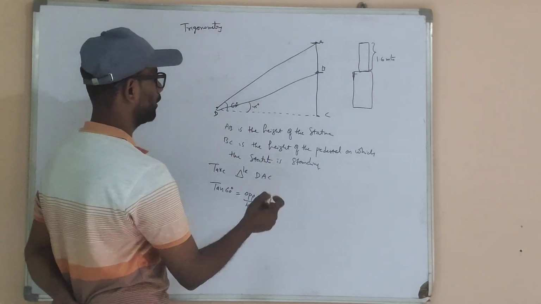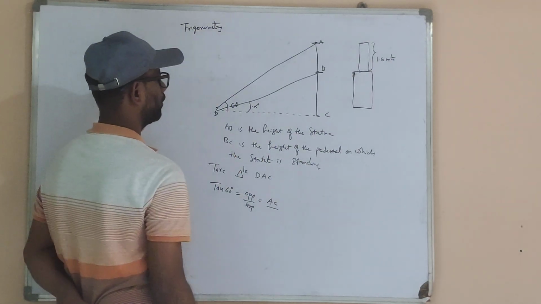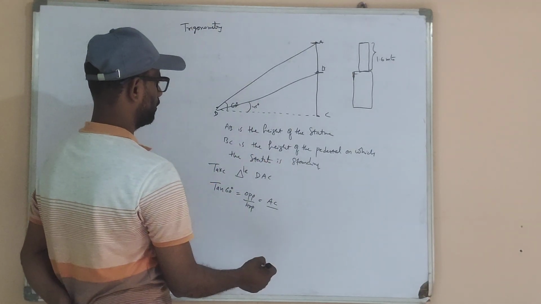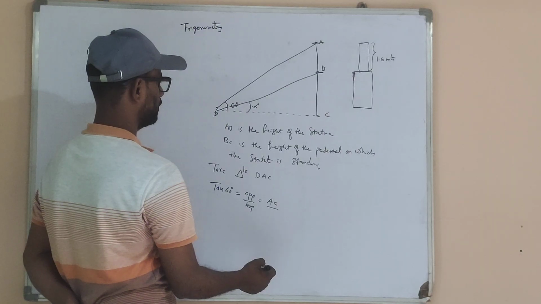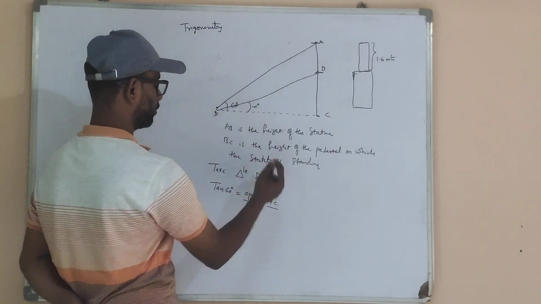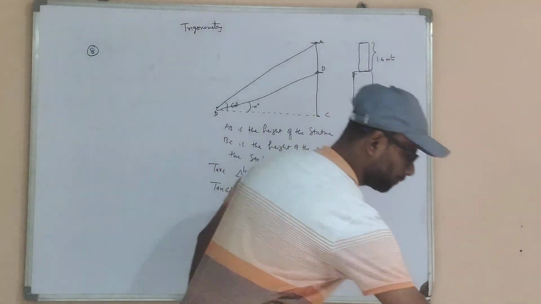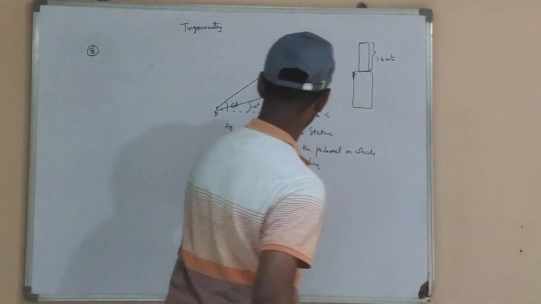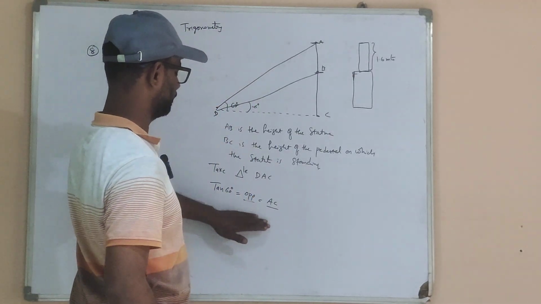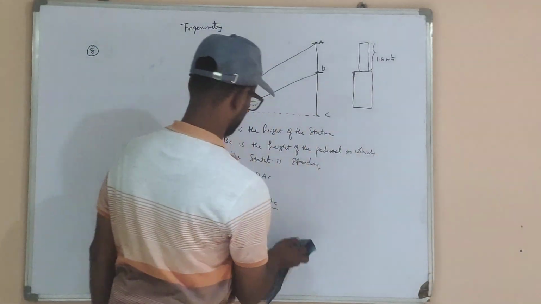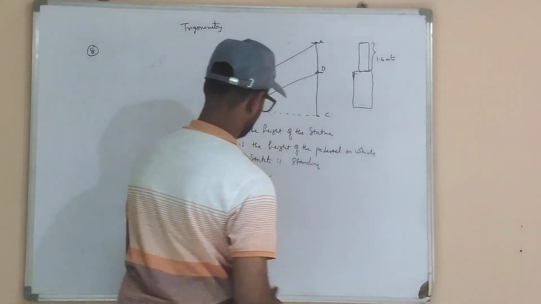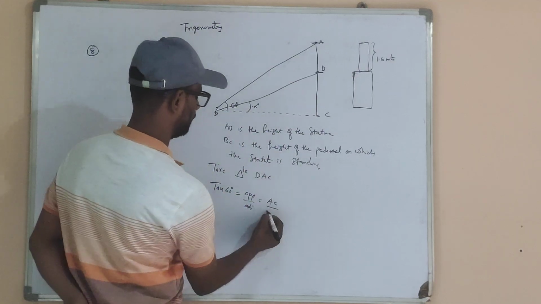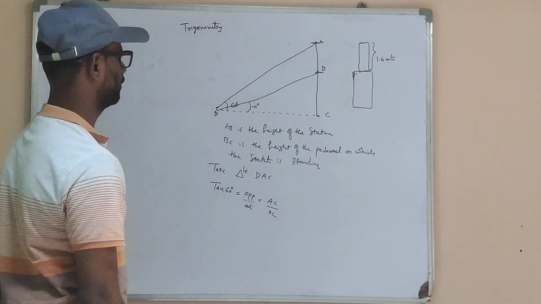The opposite is AC, and the adjacent is DC.